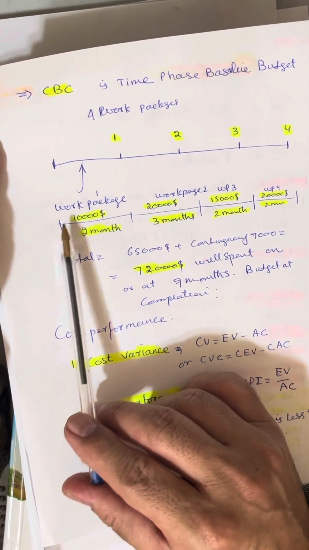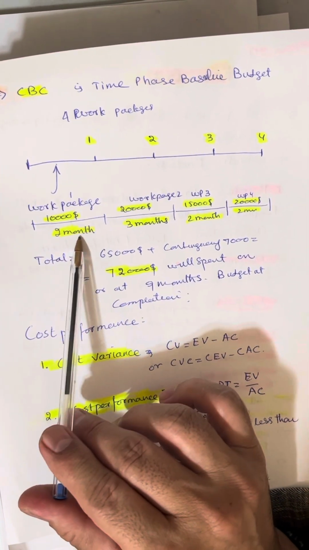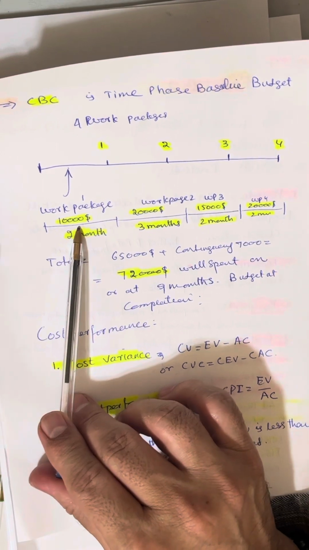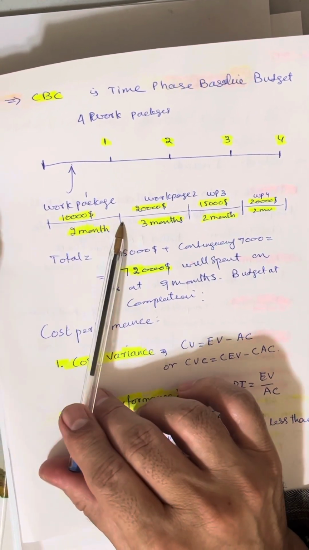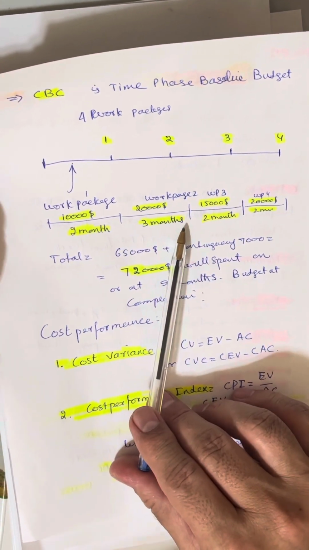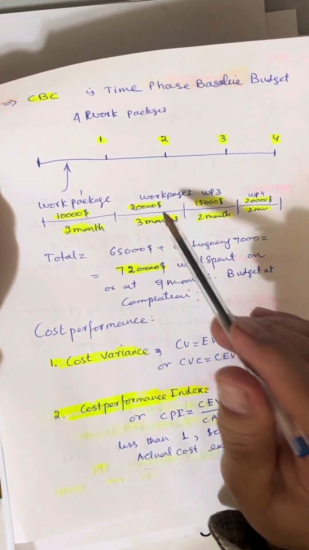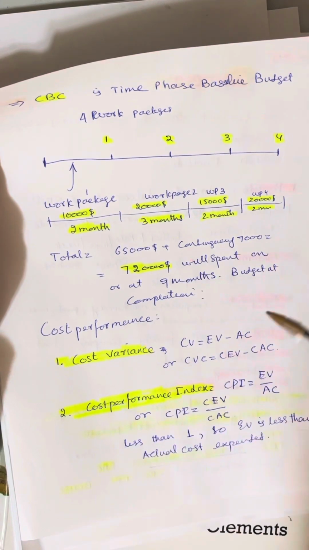For the first work package, let's say it takes 2 months, and the cost we calculate is $10,000. The second work package will take 3 months, and the cost will be $20,000.